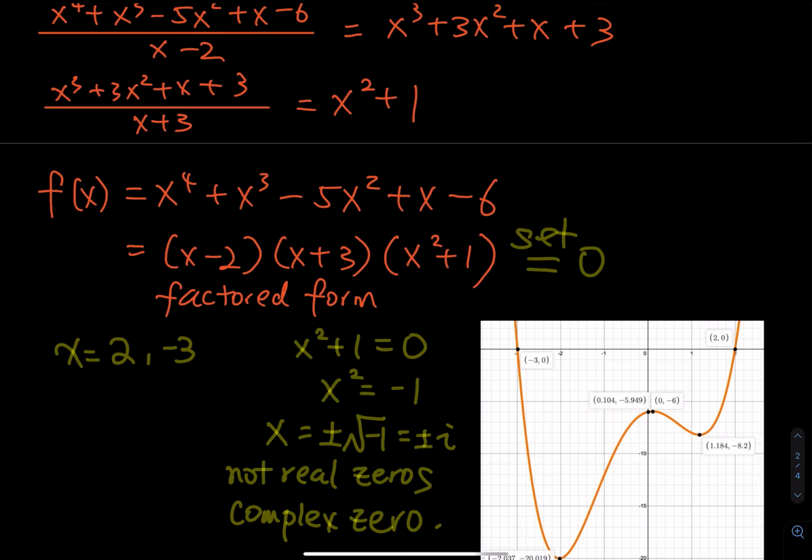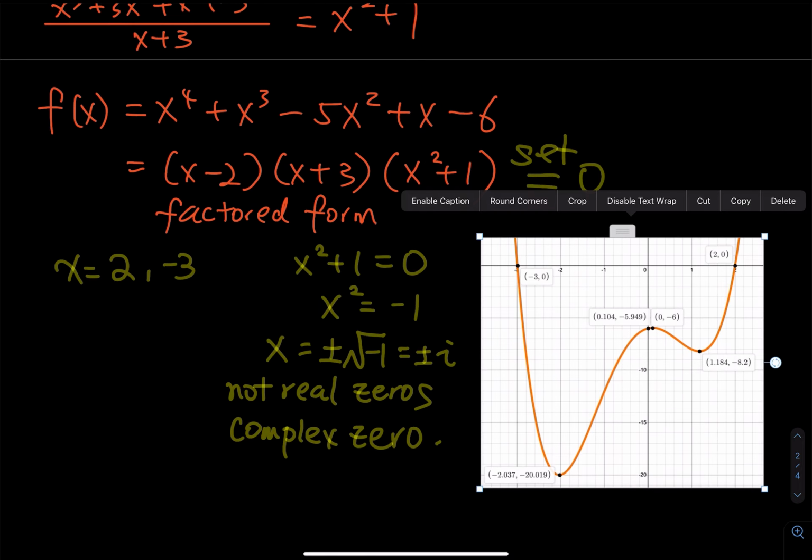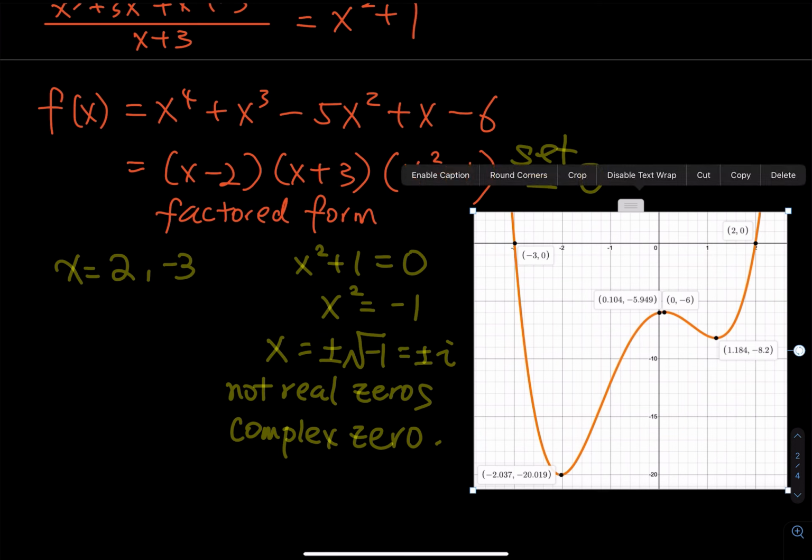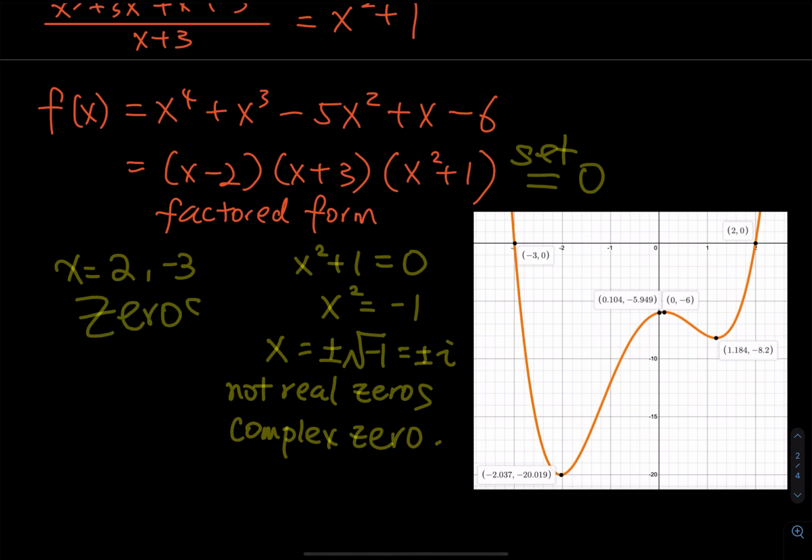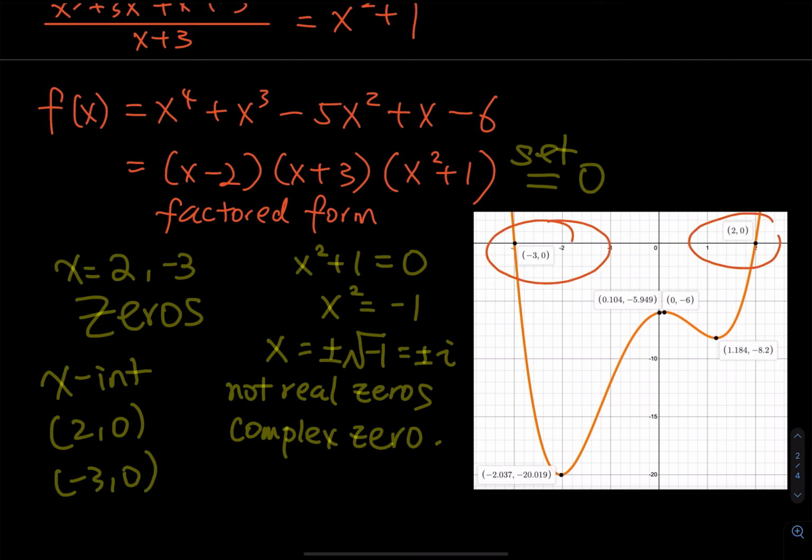Okay, so when you graph this, what do you see? Here is the graph of the given function. Do you see this? These are the zeros, right? These are the x-intercepts, (2, 0) and (-3, 0). And then what else?